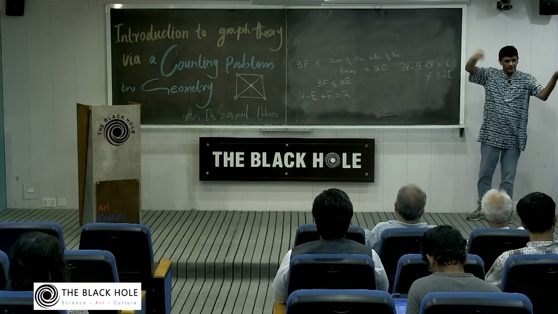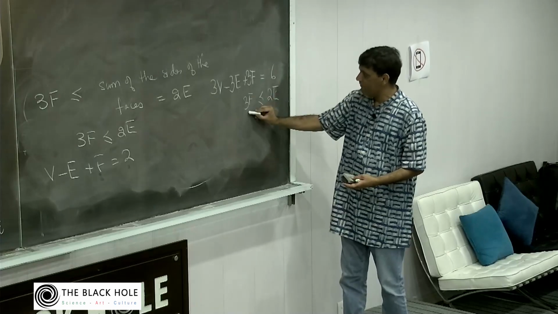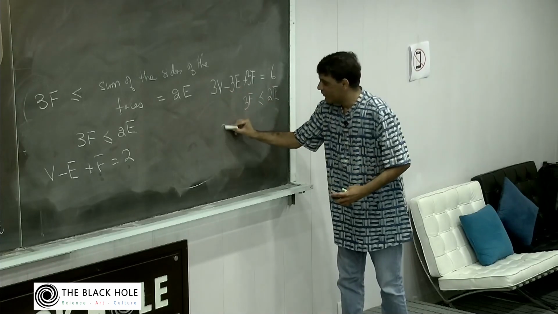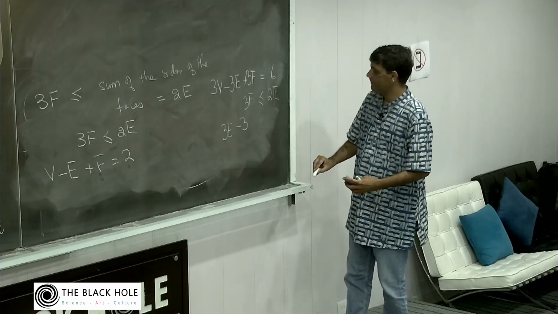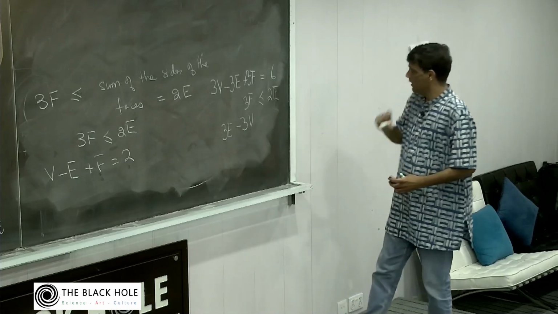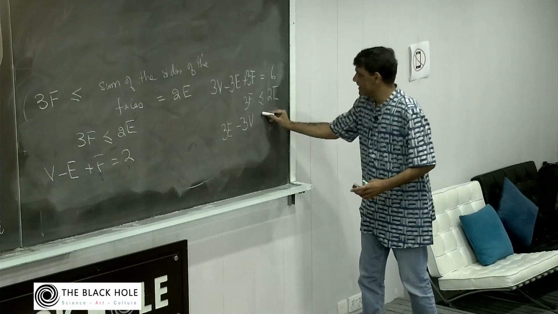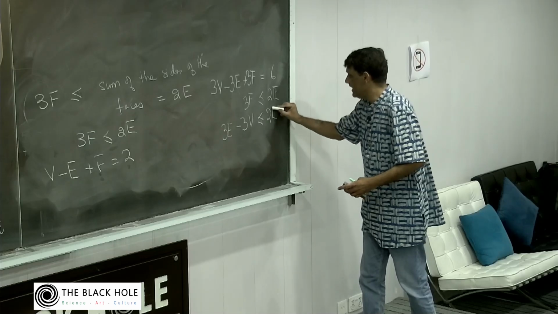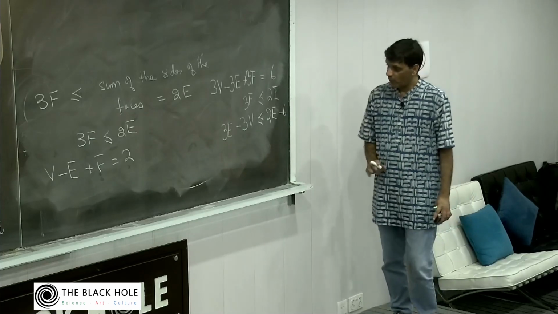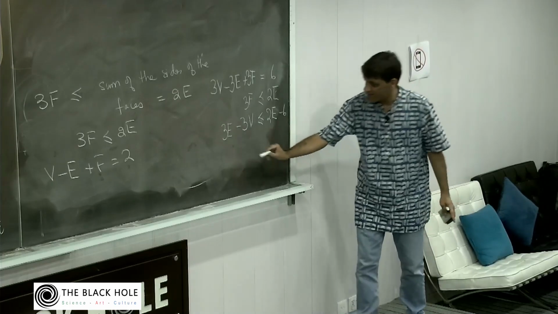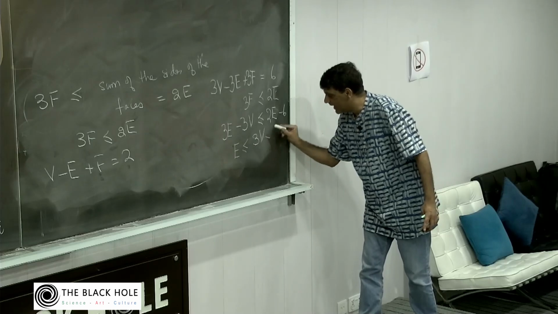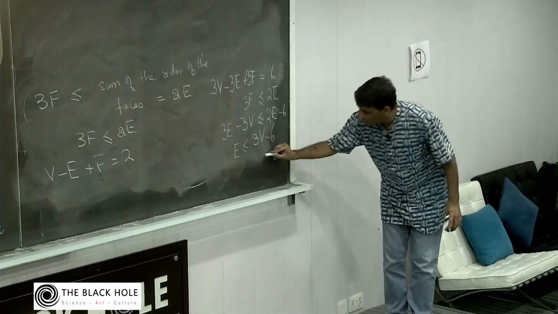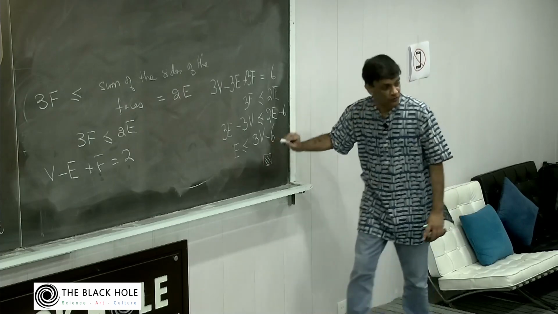So when I remove this, this f cancels, and I get 3e minus 3v, and this is less than or equal to 2e minus 6. Now 2e I take there, it cancels, so I get an e here, and this is less than or equal to 3v minus 6. This is beautiful.